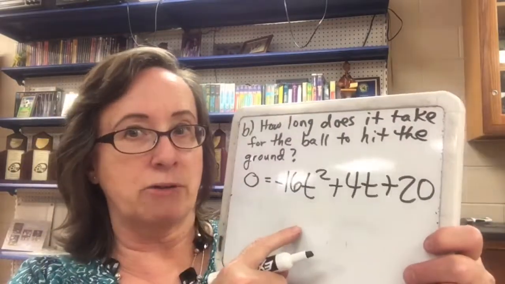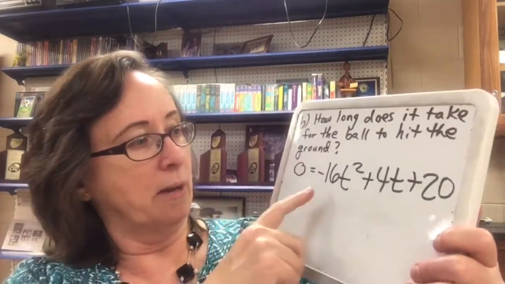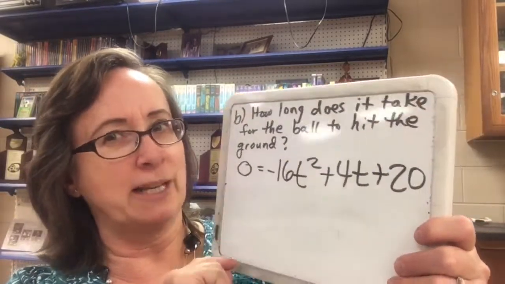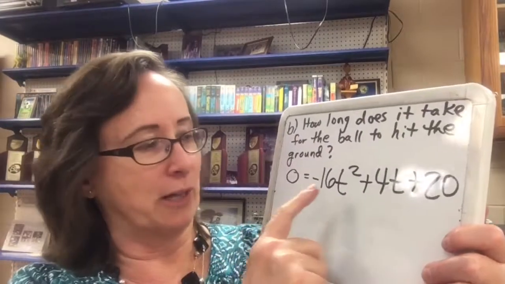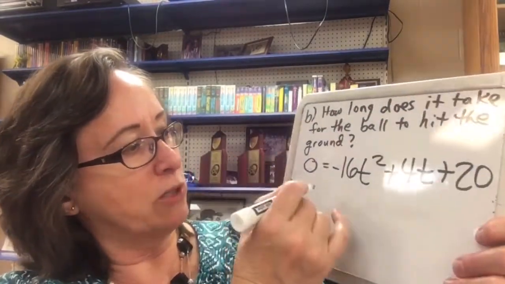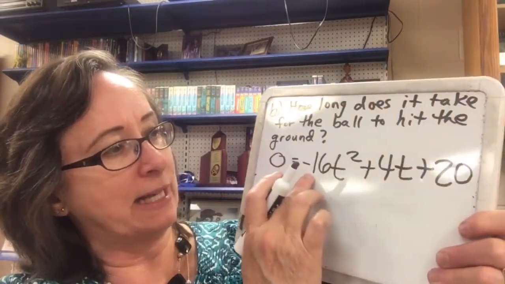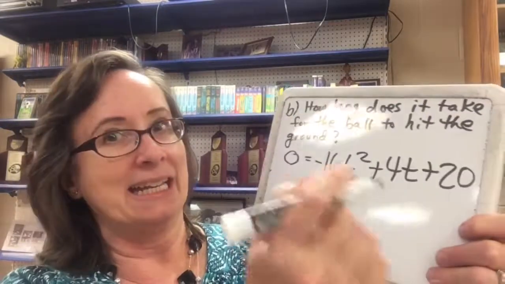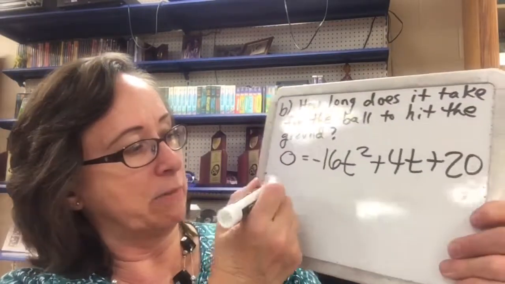Again, it's quadratic, so it's going to have two solutions, but only one is going to be workable for us. Since I have a negative and a 4 in each term, I'm going to divide by a -4 and put my 0 on the other side.